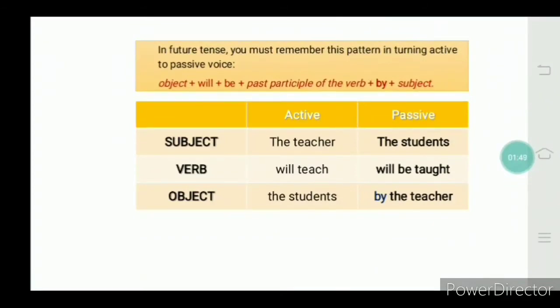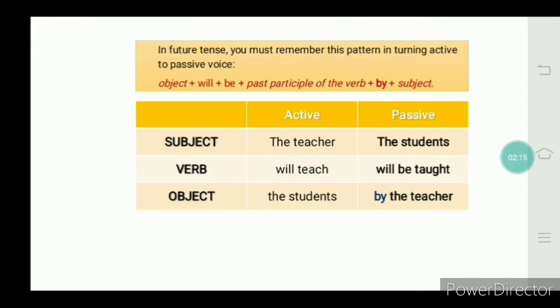In future tense, you must remember this pattern in turning active to passive voice. We have the object plus will plus be plus past participle of the verb plus by plus the subject. So here we have our active voice. This sentence is the teacher will teach the students.